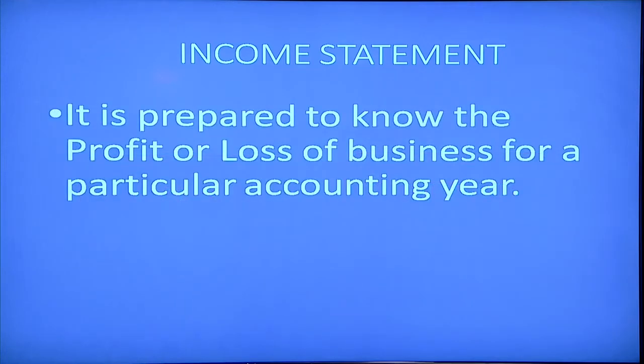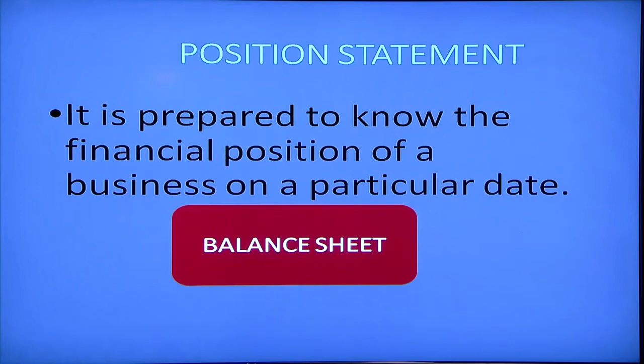Income statement is prepared to know the profit or loss of business of a particular accounting year. And position statement is prepared to know the financial position of a business on a particular date. So, income statement is trading and profit and loss account. Position statement is balance sheet.